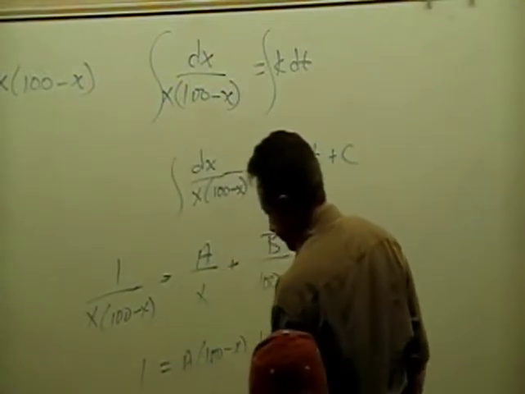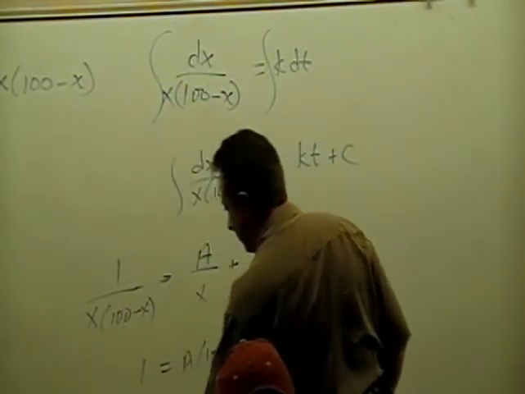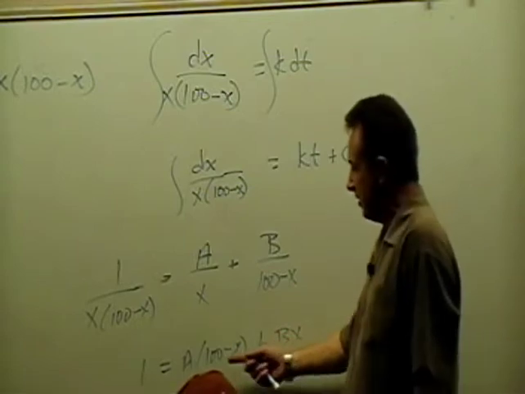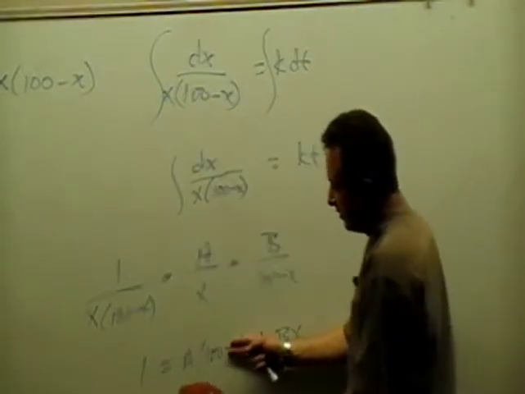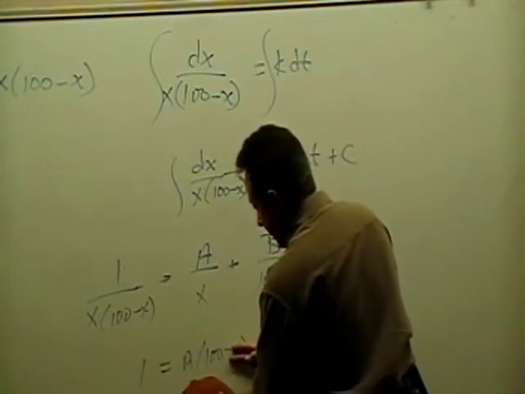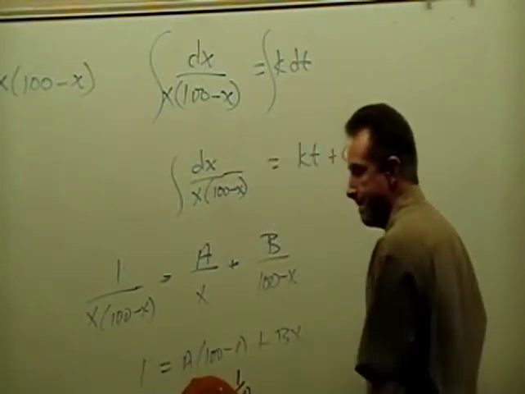I'm going to let x equal 0 in my first case. When x equals 0, you have 0 here, and you'll have 100 A equaling 1, or A equaling 1/100.